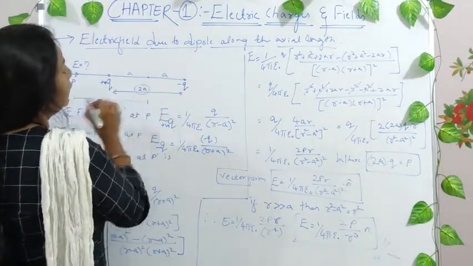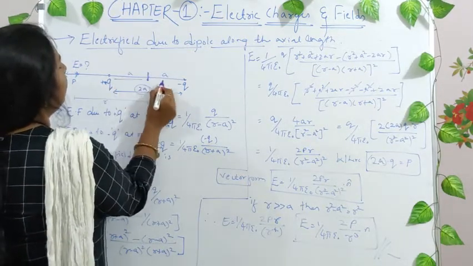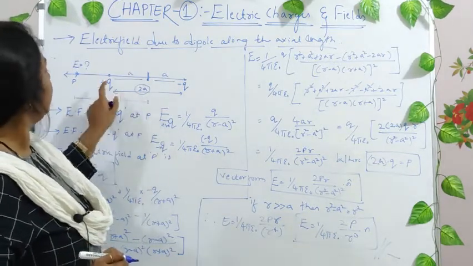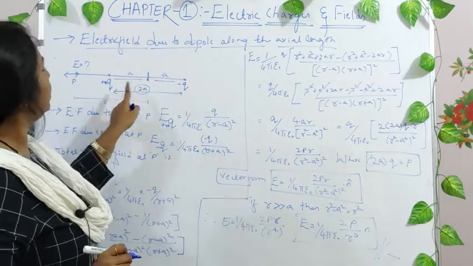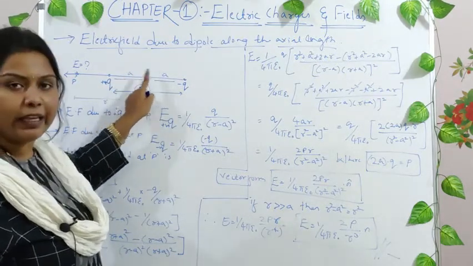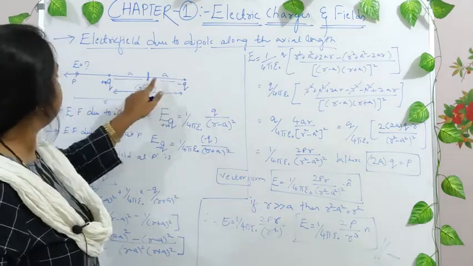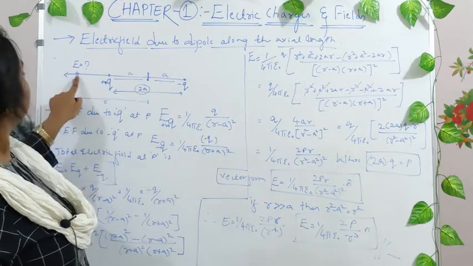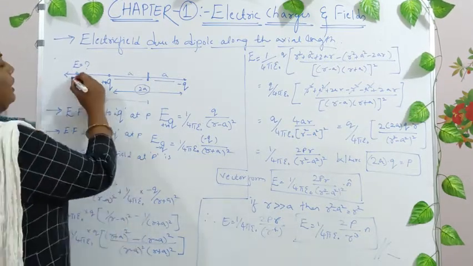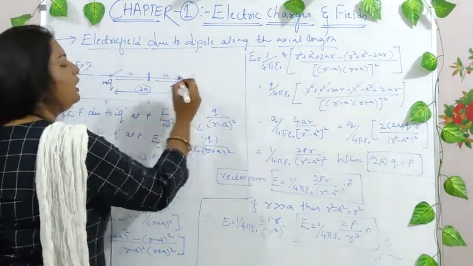It is 2a, and exactly at the center it is a and a. Now you are able to understand why it is 2a. The distance between both the points is 2a and exactly at the center it is a and a. You have another point on this axial line. The axial line is this line. At some particular point P, you will find the electric field intensity at point P due to the positive charge and also due to the negative charge.